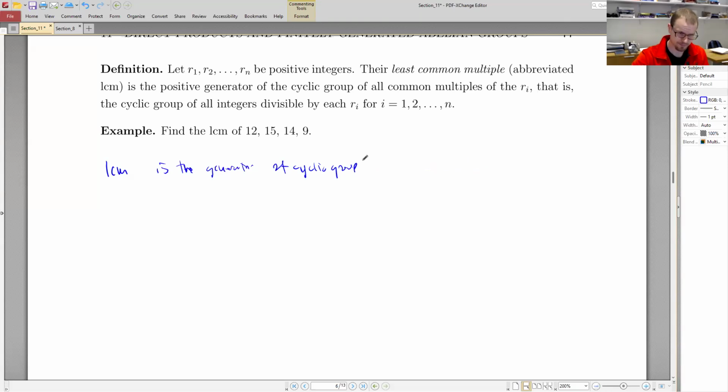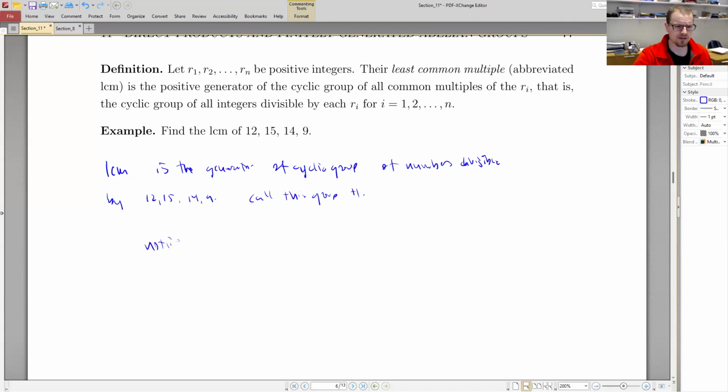So: the cyclic group of numbers divisible by 12, 15, 14, and 9. Call this group, or this subgroup, H for simplicity in this example.